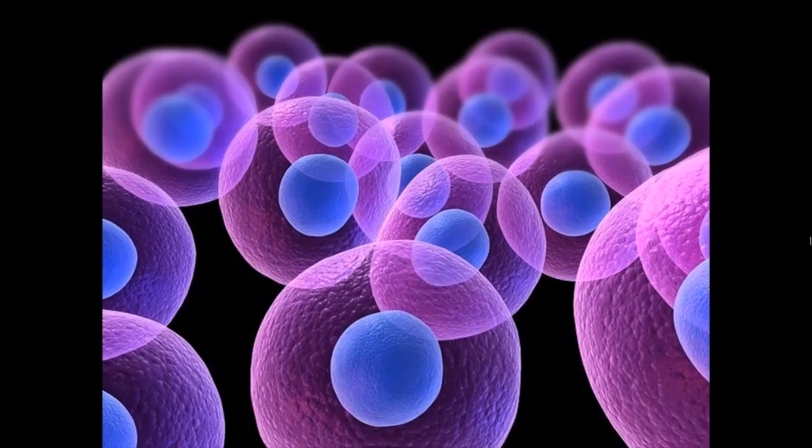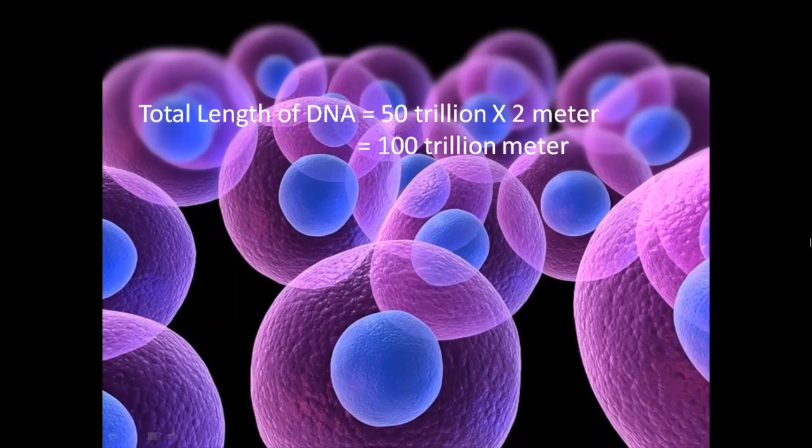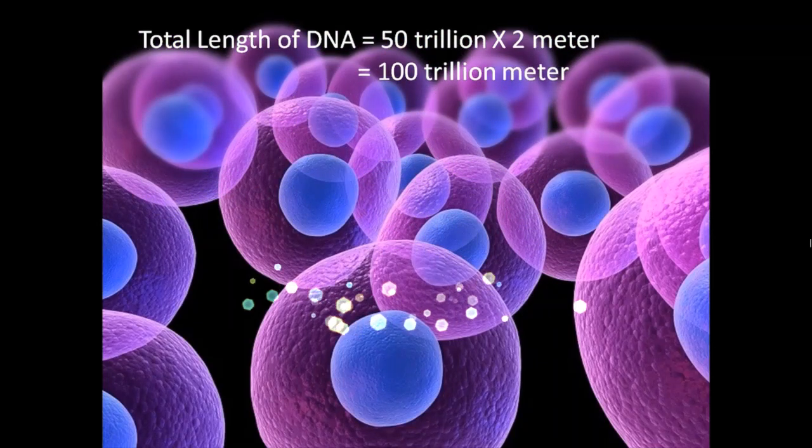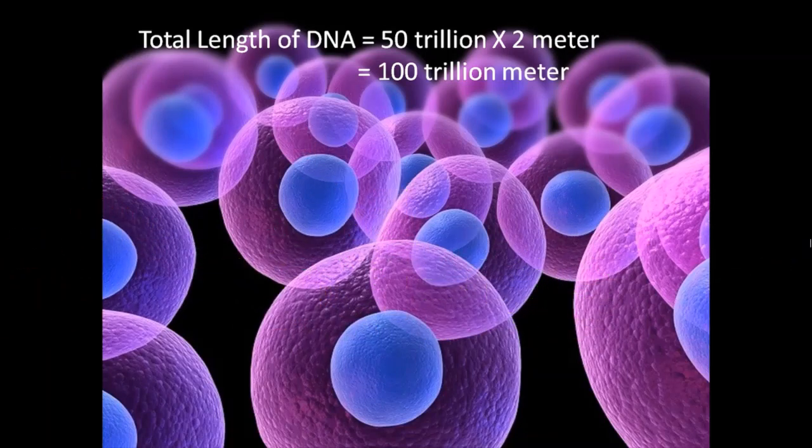Moreover, it is estimated that the human body contains approximately 50 trillion cells. So, if we calculate the length of the DNA in all the cells, it will become 100 trillion meters of DNA per human. Quite interesting.